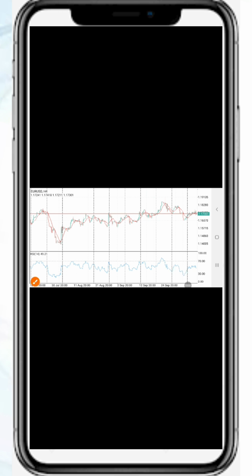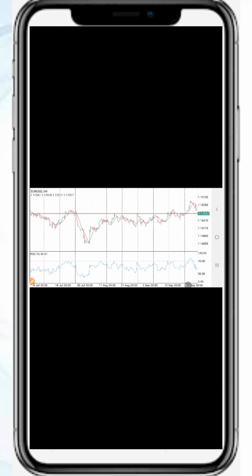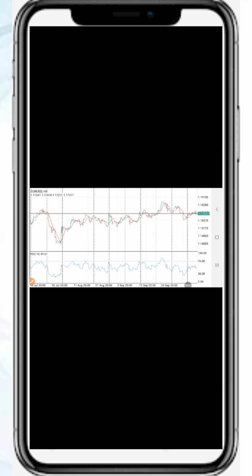That means the market is buying. So in our 4 hours time frame, we can identify that this market is bullish.